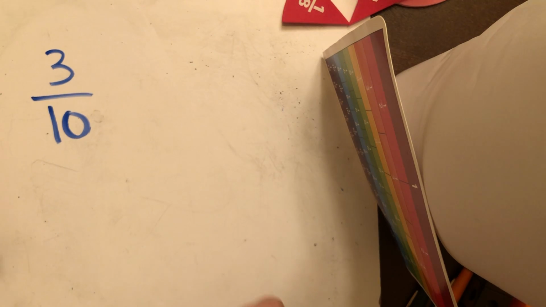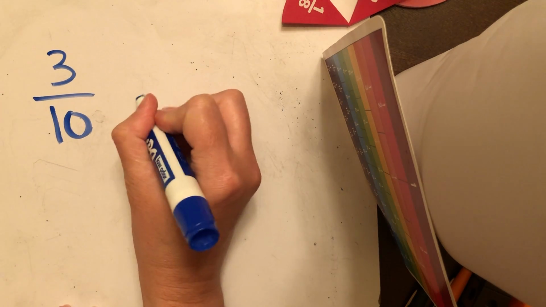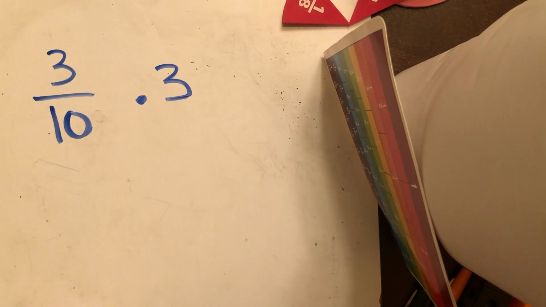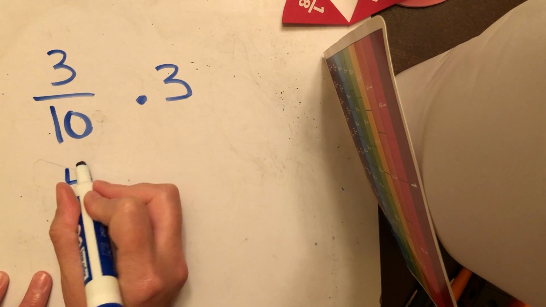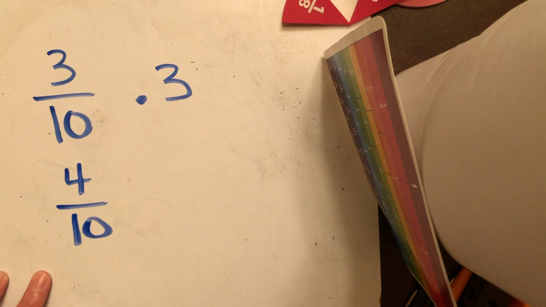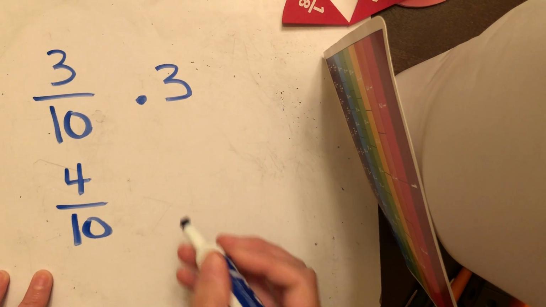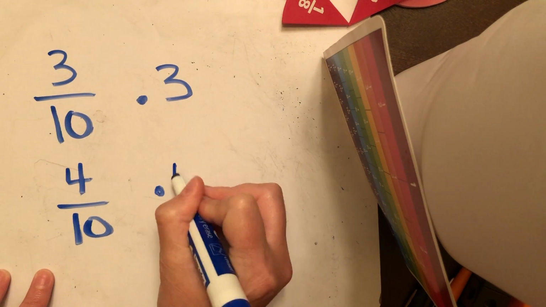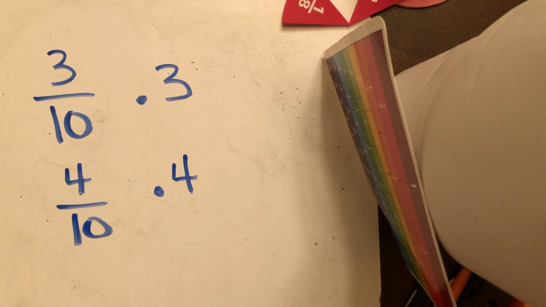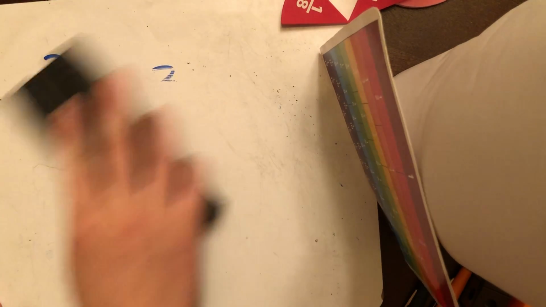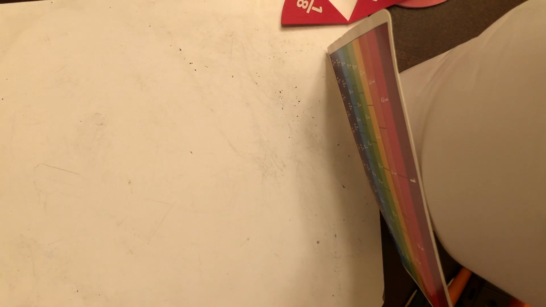How would we write this as a decimal? You're exactly right. It would be 0.3. But if we had this as a fraction, how would we write that as a decimal? You're right. 0.4.